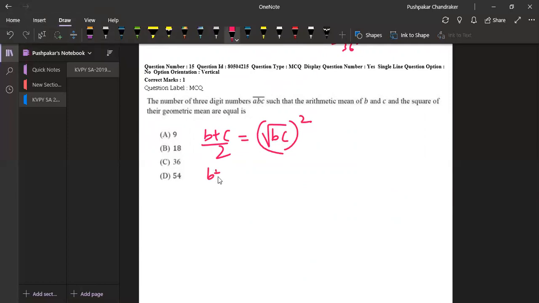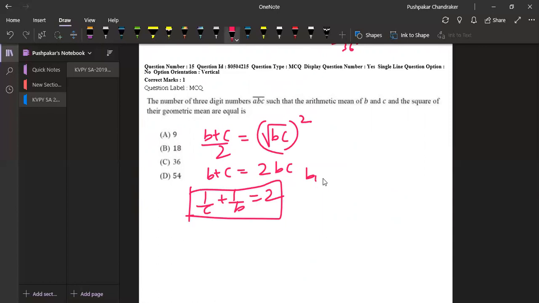So squaring it, you get B plus C equals 2 times BC. Dividing by BC, you get 1 by C plus 1 by B equals 2. Now, important: B and C belong to the integers, they can be 0 also, or you can say whole numbers. So 1 by C plus 1 by B will be some fraction, less than or equal to 1.